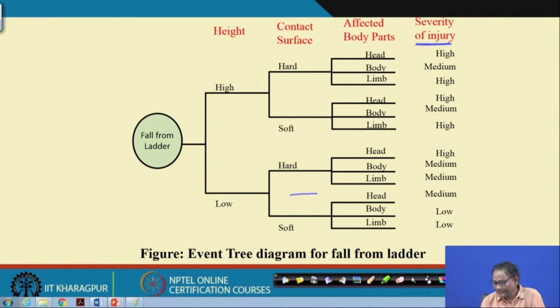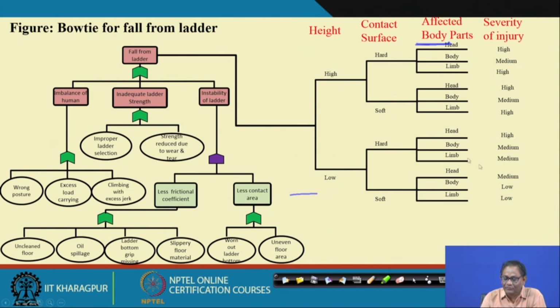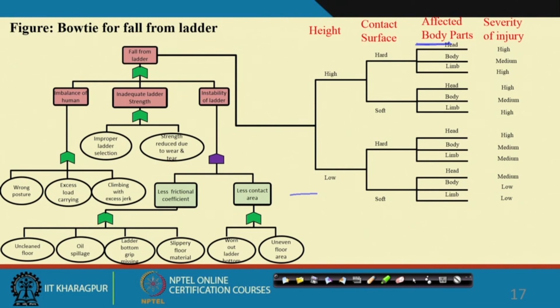That is why I have kept this application. Now, when you combine these two together, this is nothing but the bow tie for fall from ladder. My ultimate aim of showing so many bow ties is just to tell you that a bow tie can be developed for almost every system to understand the accident scenarios.